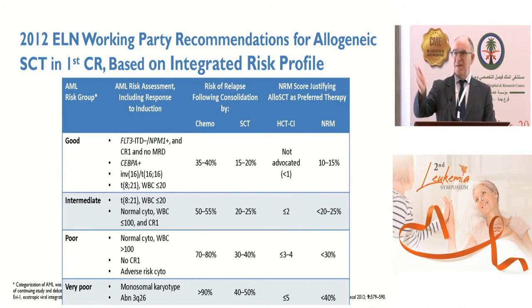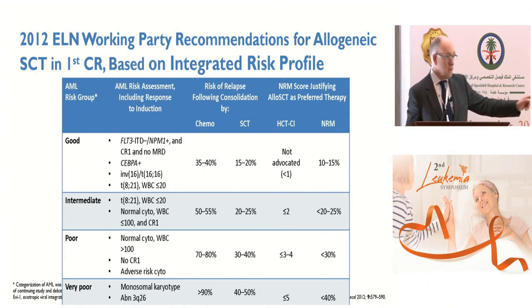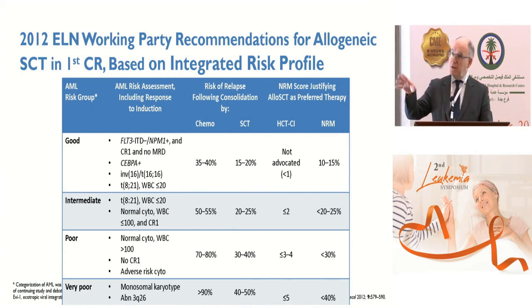Easy. If you've got a patient with intermediate risk cytogenetics, think of them as they walk in and they're 50 and they've got intermediate, their likelihood of relapse, if treated with 3+7 and a couple of courses of chemo, well, it's at least 55%, it's probably 60%, it might be 65, okay? Do a transplant, do the maths. The reduction in risk of relapse is a half.